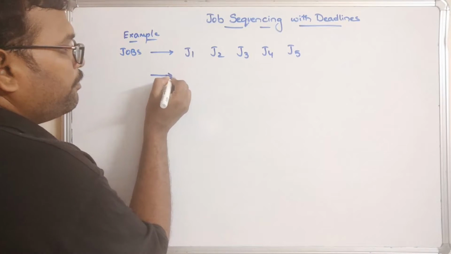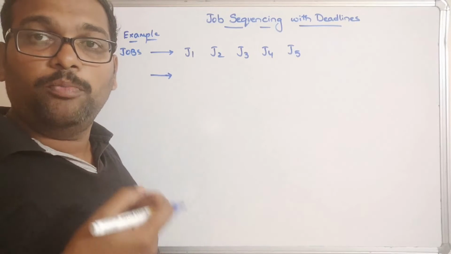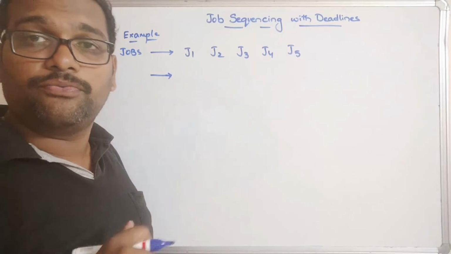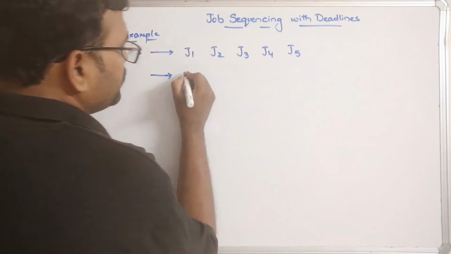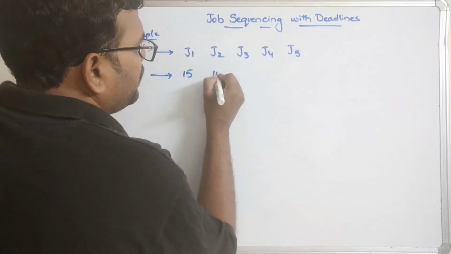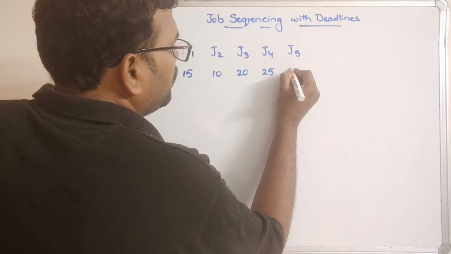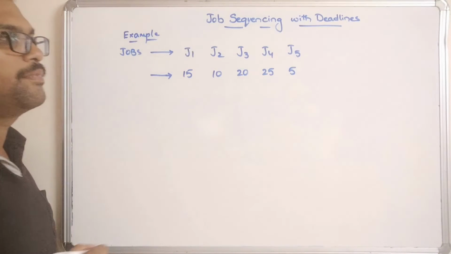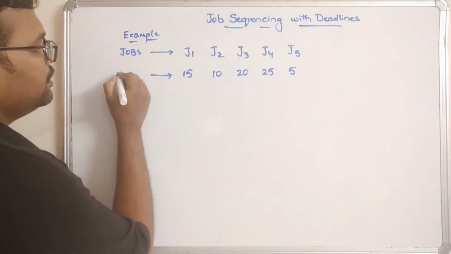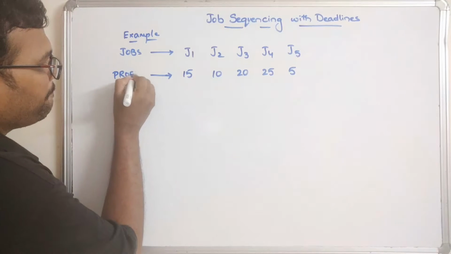And the second point is profit: how much profit we'll get after completion of that particular job. Let us take this as 15, 10, 20, 25 and 5. This is the profit.